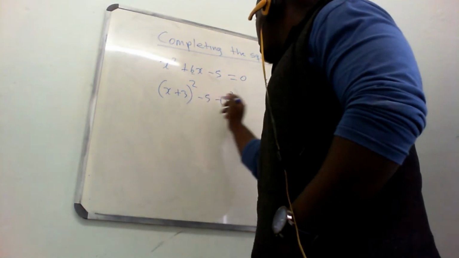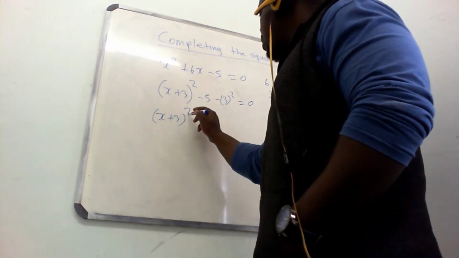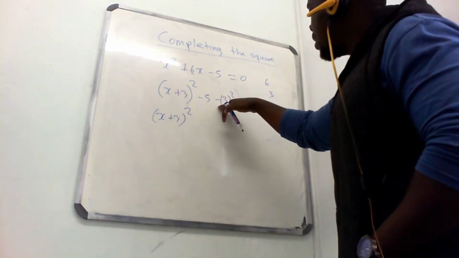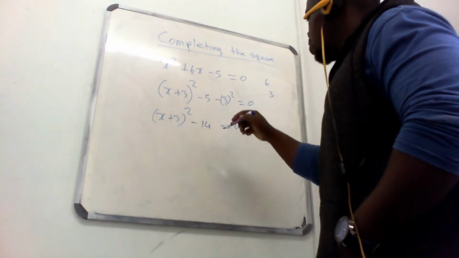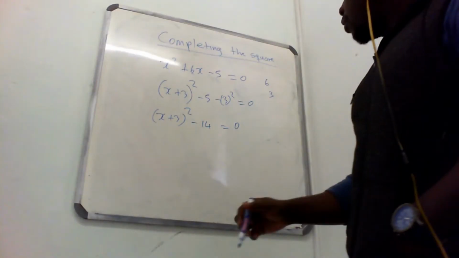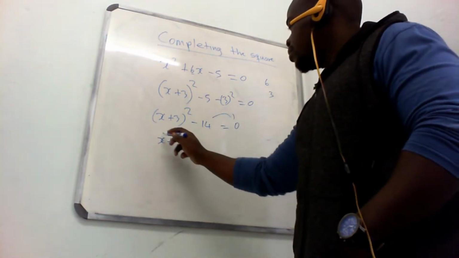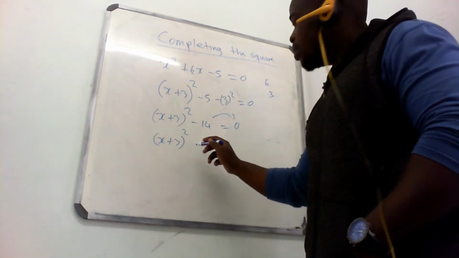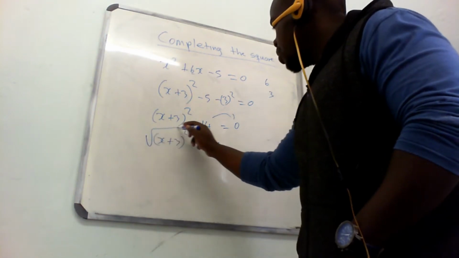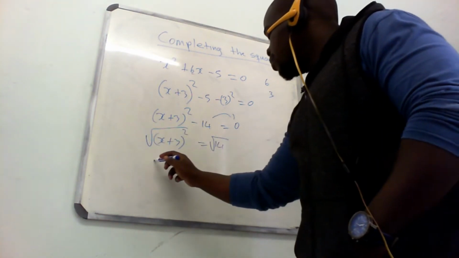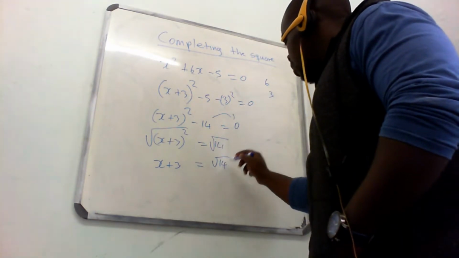So here it will be x plus 3 squared, and then minus 5 minus 9, that will give us negative 14. This will be equal to 0. Then we can take this to the other side to say x plus 3 squared is equal to 14. Then we look for the square root of both sides, so x plus 3 will be equal to square root of 14.